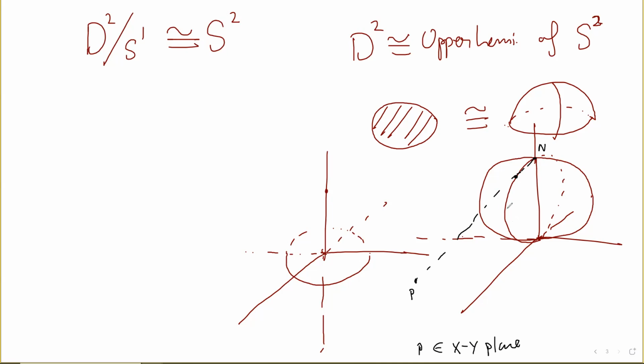It's a stereographic projection, and this map of course you can explicitly write down.